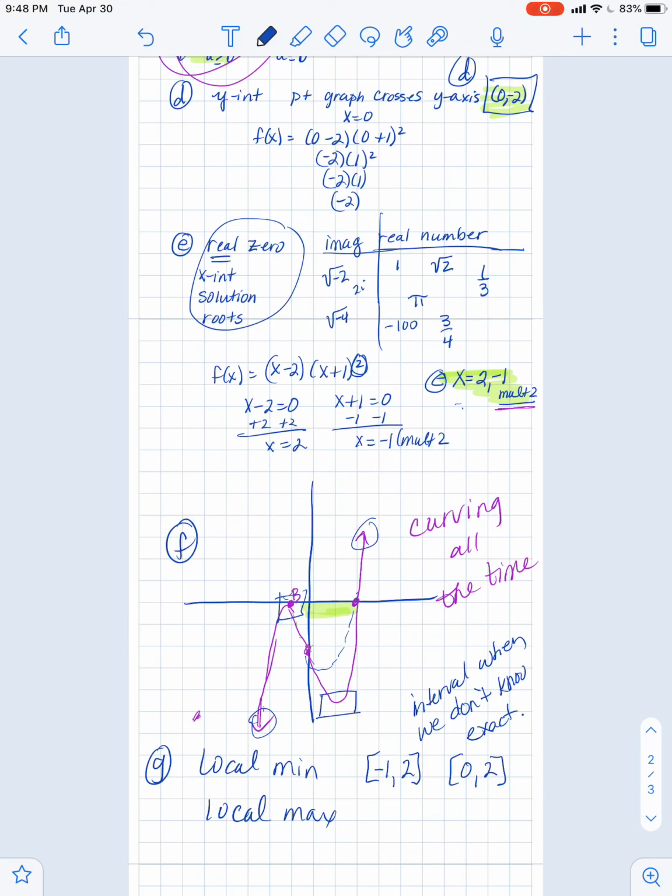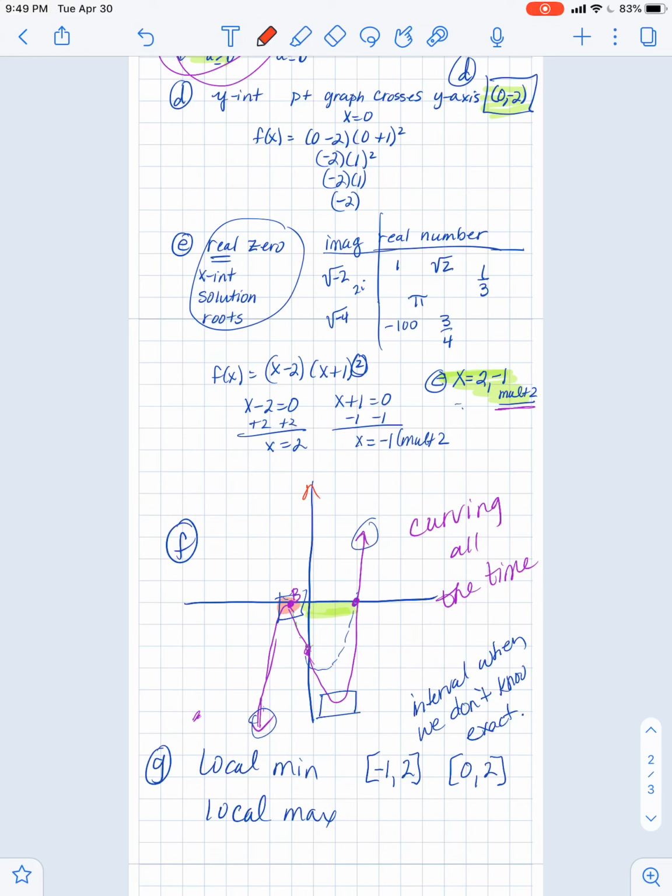Okay, now here's the opposite one though, because when I come over here to this other point right here, I know it's touching that and bouncing off of it. So it's never going to go any higher than that point, okay? But I'm asking you how high it goes, okay? I'm asking you how high it goes.